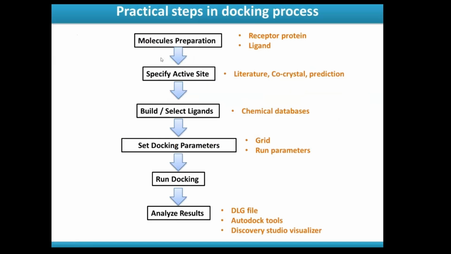So the very first one is preparation of molecules, right? So preparation of the receptor protein molecule and the ligand molecule. Second one is to specify the active site. So once you have prepared the molecules, you should know on the protein where we want to bind the ligand.